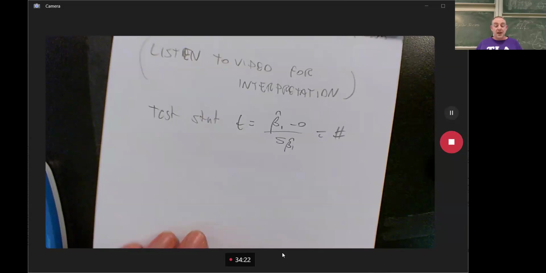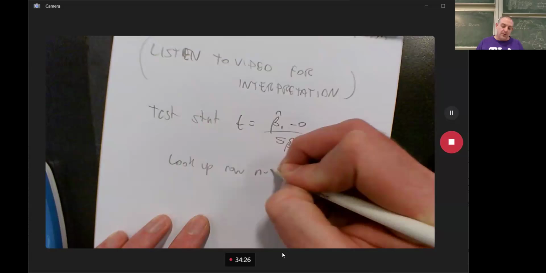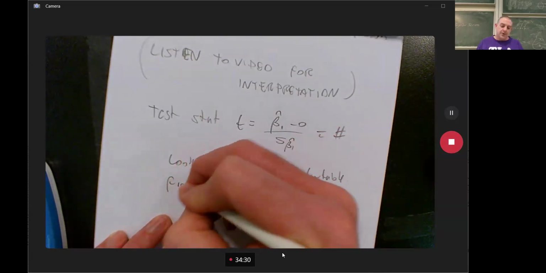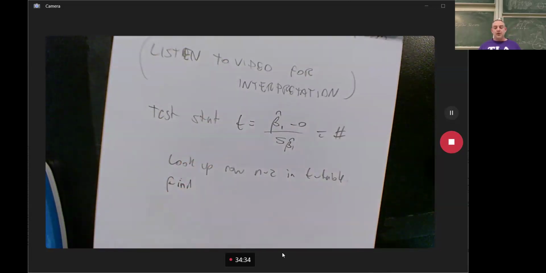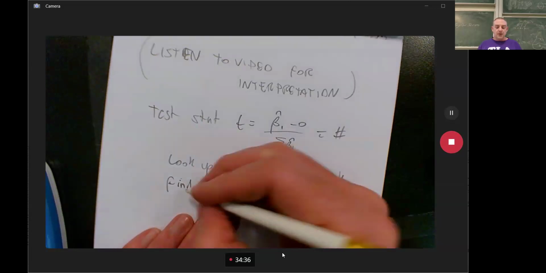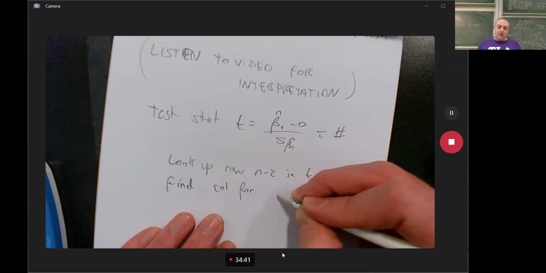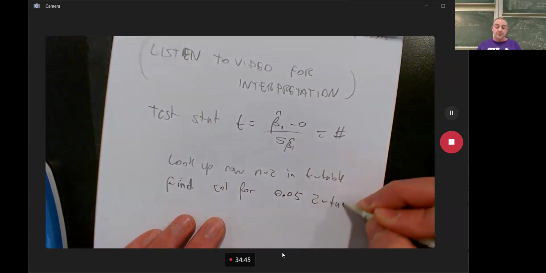So if you want to use the table, you look up row n minus 2 in the t table and find the column for 0.05, for example, two-tailed.